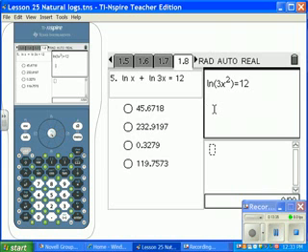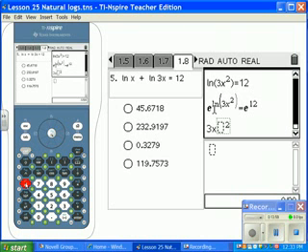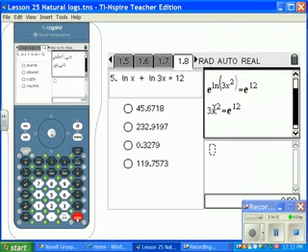Okay, we're going to do most of them together. All right, so what's our next step? Use the e. Okay, so e raised to the natural log of 3x squared equals e to the 12th. We good? So now we get 3x squared equals e to the 12th. Next step. Divide by 3.